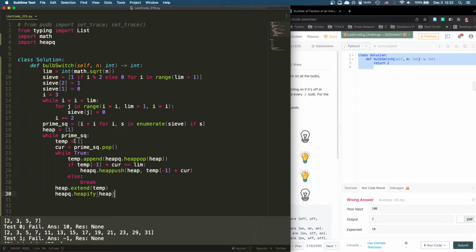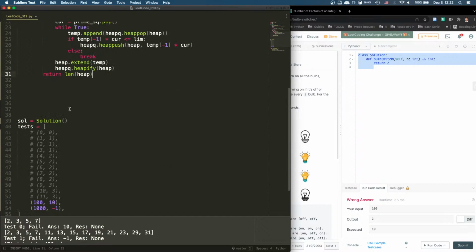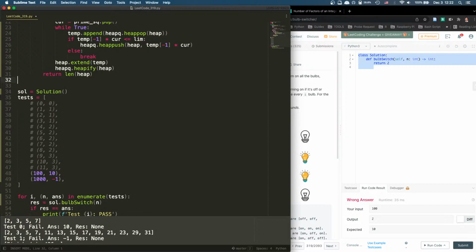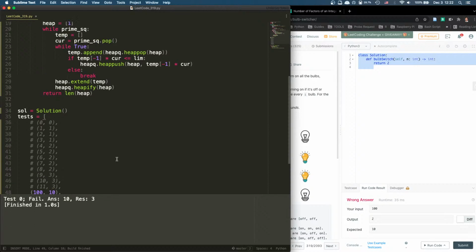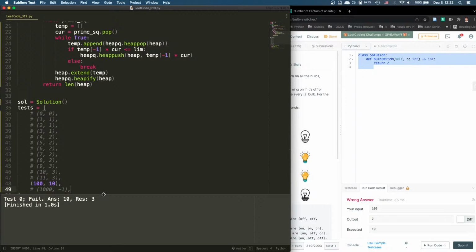Right, and the last one, and then we'll heap.extend, heapify, go up, prime q is out, so we're just gonna return the length of heap. Okay, so I don't know this. Let's try this. Oh, that was terrible. Okay. That is now correct.